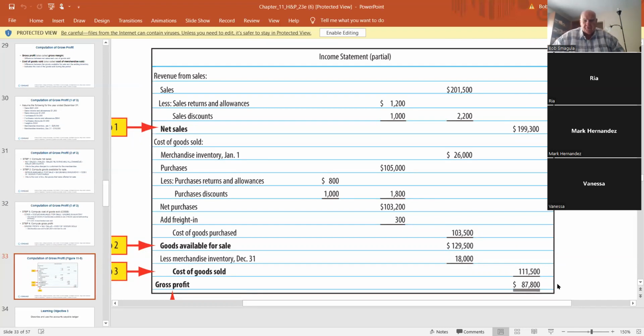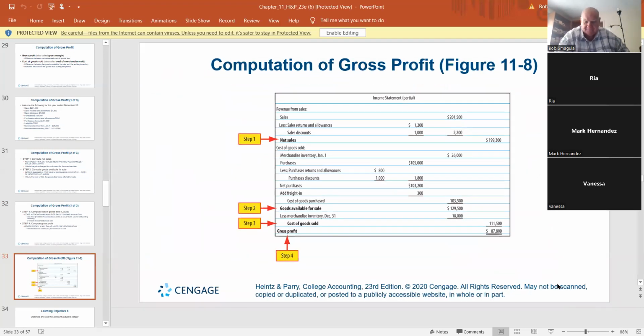So this is a longer financial statement to put together to understand. You're going to be seeing this a lot. Net sales minus cost of goods sold equals gross profit. And then from that, we're going to subtract our operating expenses to get net profit.